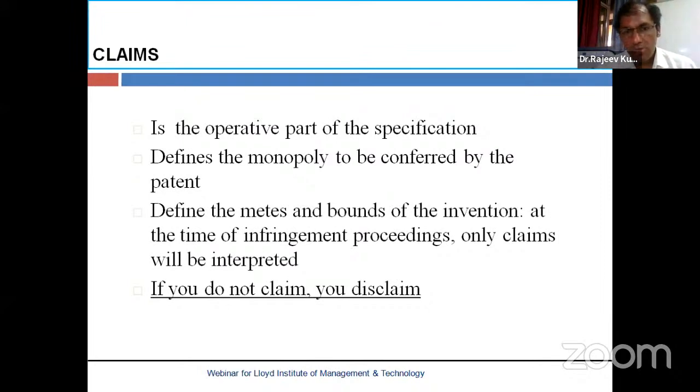So you have to also keep an eye over other firms, that how they are deriving commercial benefits out of your invention.